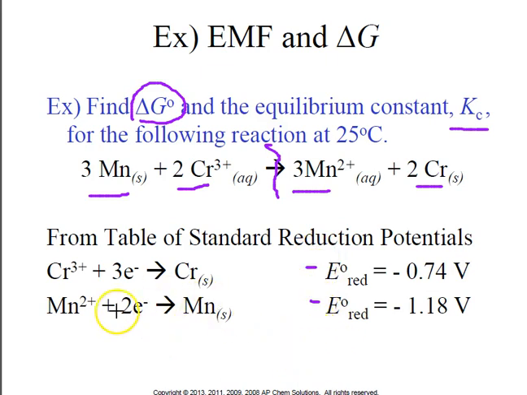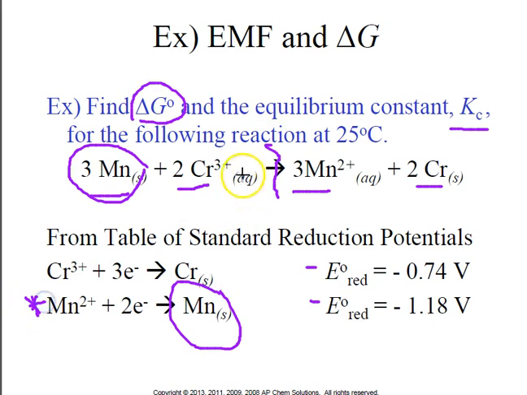So let's look at the balanced equation. Manganese solid is a reactant in the balanced equation, but it's a product down here. So this one must be the one that gets flipped, because here's chromium as a reactant and also as a reactant. So that one stays the same. So this manganese equation is going to get flipped over, so that's going to be a positive voltage.